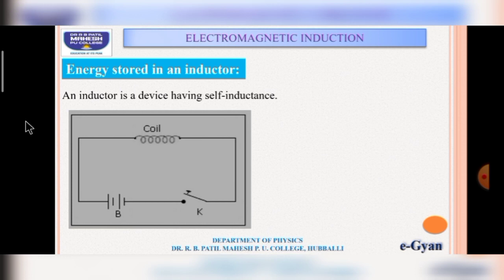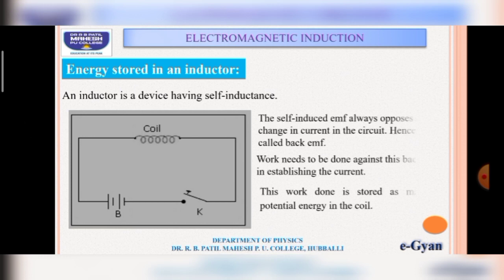In the last session, we studied that when a current is flowing through the coil, an EMF is induced, and that EMF is called self-induced EMF, and it opposes the change in current in the circuit. Hence that EMF is called back EMF.